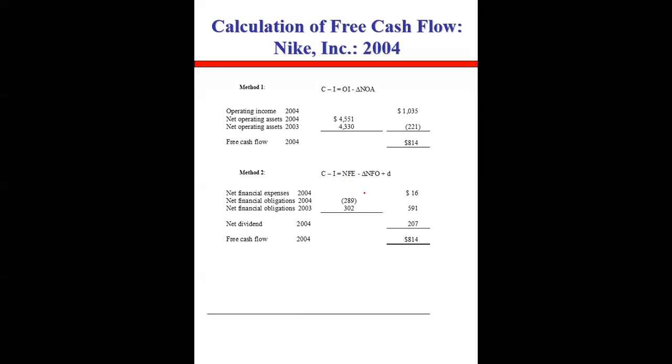You have got net financial obligations of 302 in 2003. And you have got net financial obligations of negative 289. Now, if I want to measure the changes of net financial obligations, how can I measure it? 302 minus, as it is a negative net financial obligations, I should write here in this way, 289. So it should be 591.